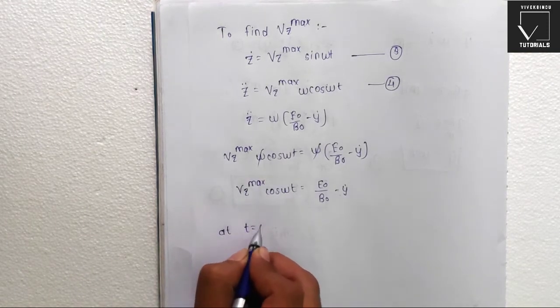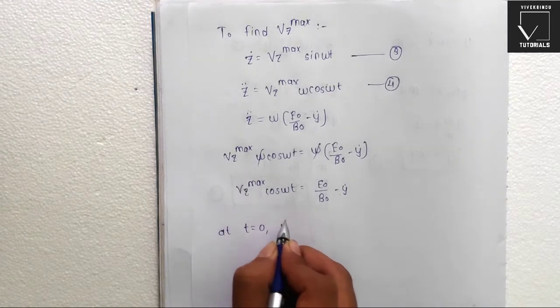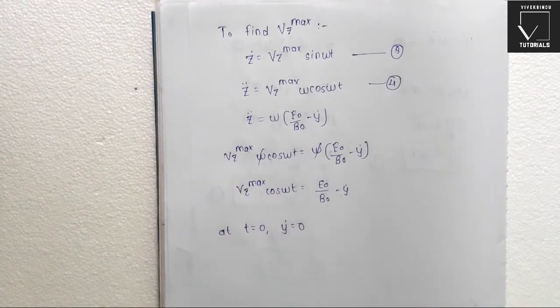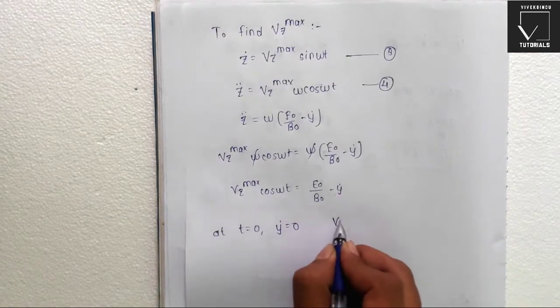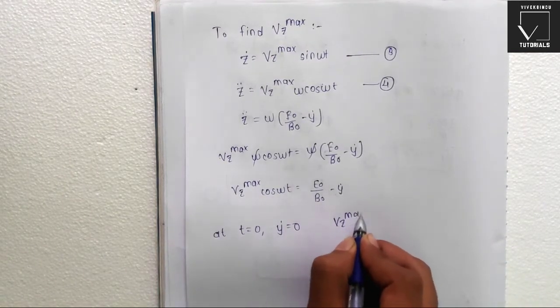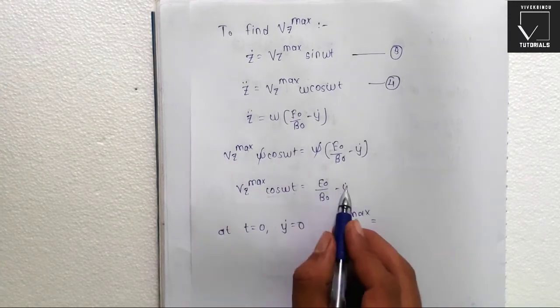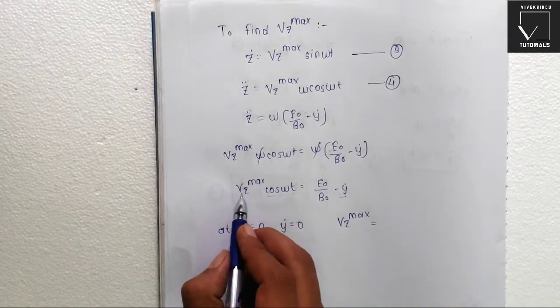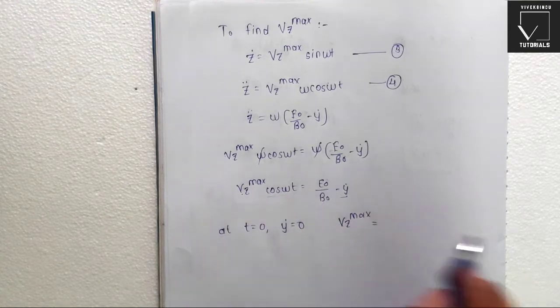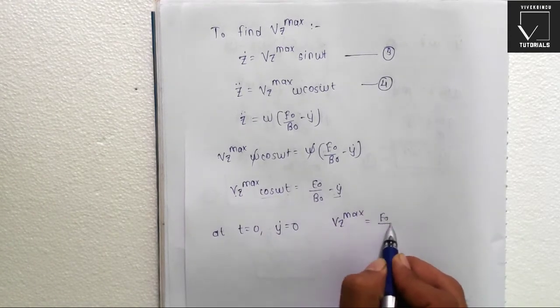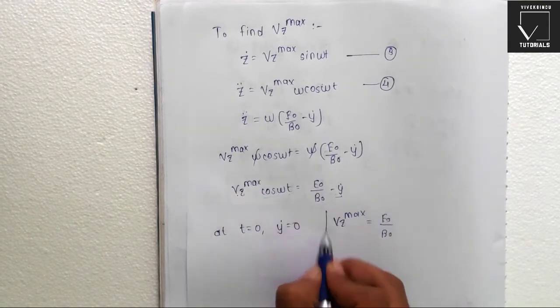At t equal to 0, we have y dot is equal to 0. So therefore by calculating this, we get vz max is equal to... so here t is equal to 0, this is 1, this is 0. So we get vz max is equal to e0 upon b0.